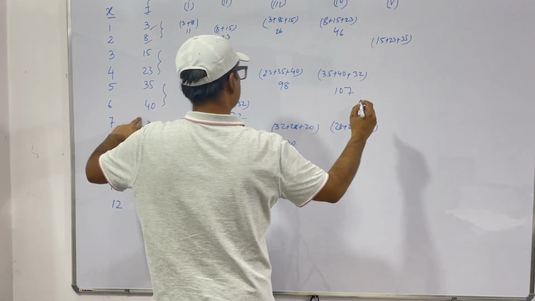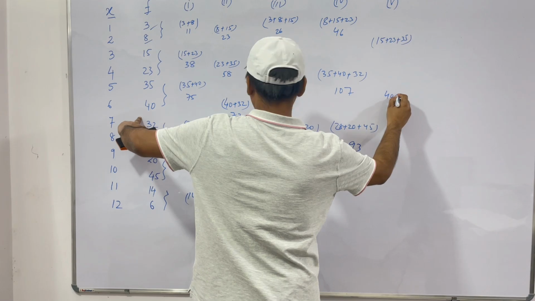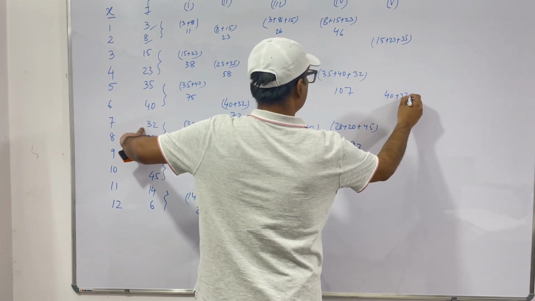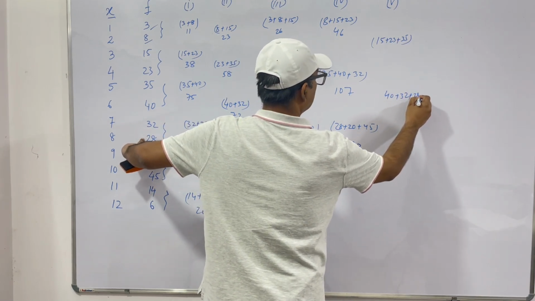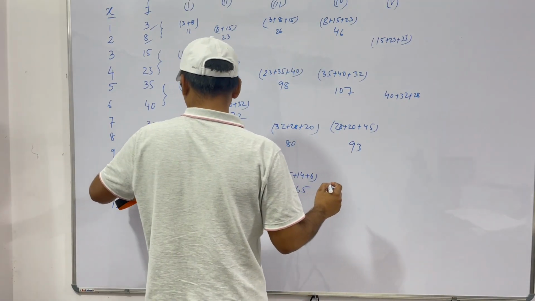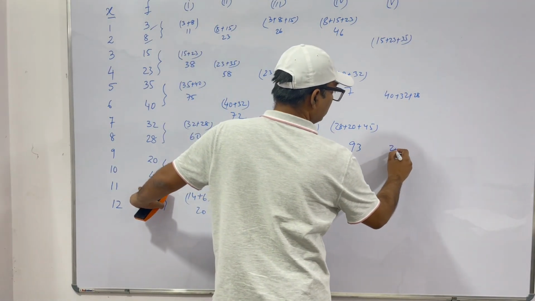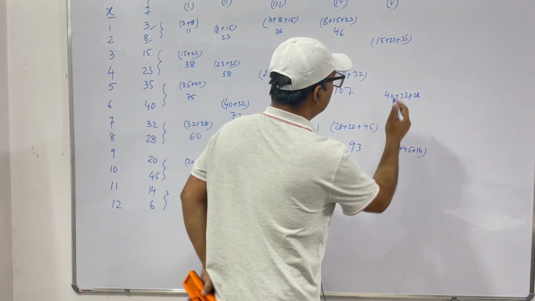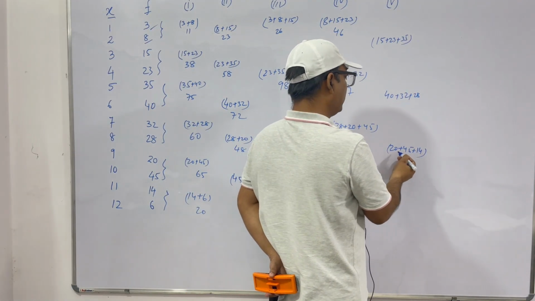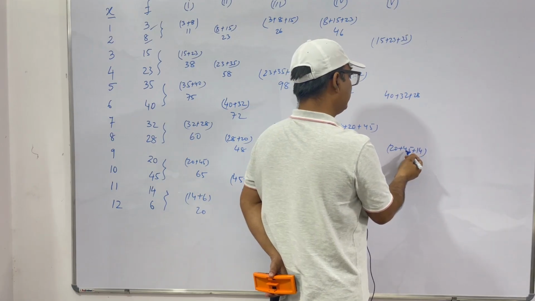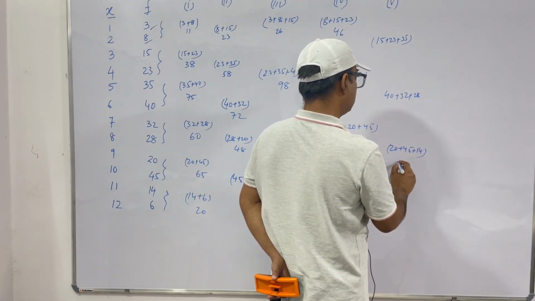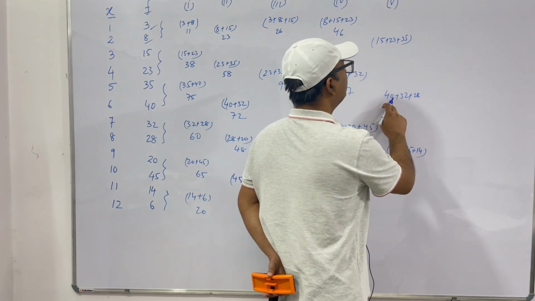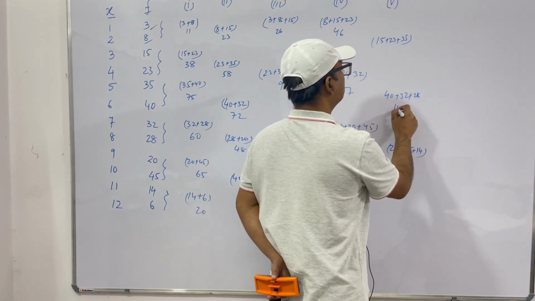Second one will be 40 plus 32 plus 28. And last is 20, 45, 14. So what are the values? This is 34 plus 45, so this is 79. 40 plus 60, this is 100.